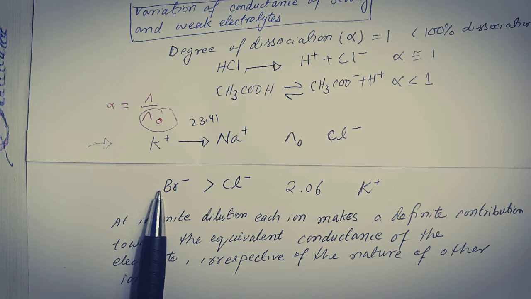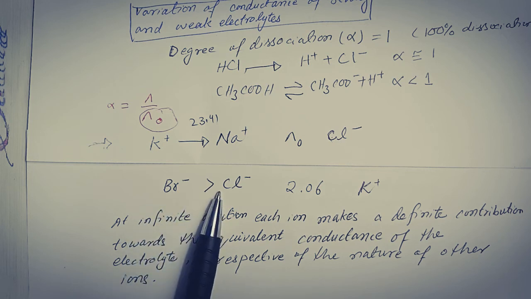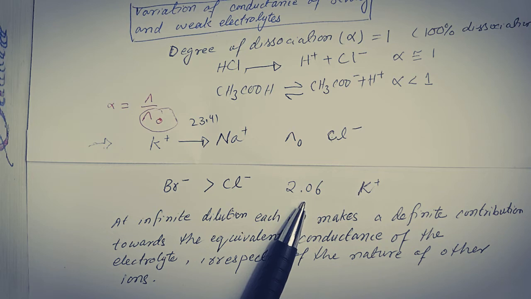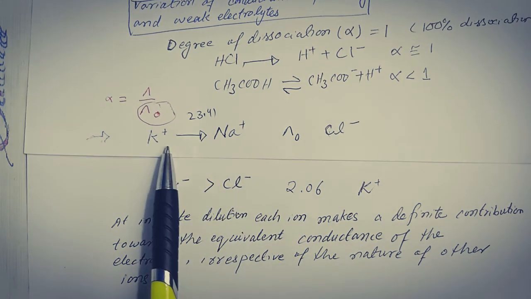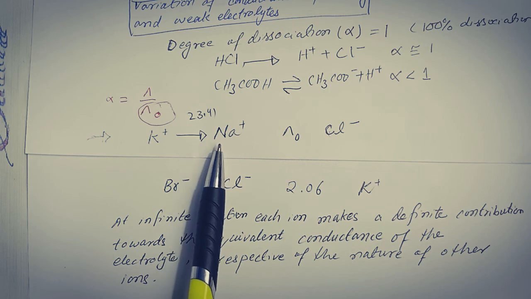For a comparison, we need to take the cationic species same for these two species. So for example, for potassium bromide and potassium chloride, the difference of the equivalent conductance at infinite dilution will be 2.06, and this difference is smaller as compared to the difference of the equivalent conductance at infinite dilution for the potassium and sodium ions.